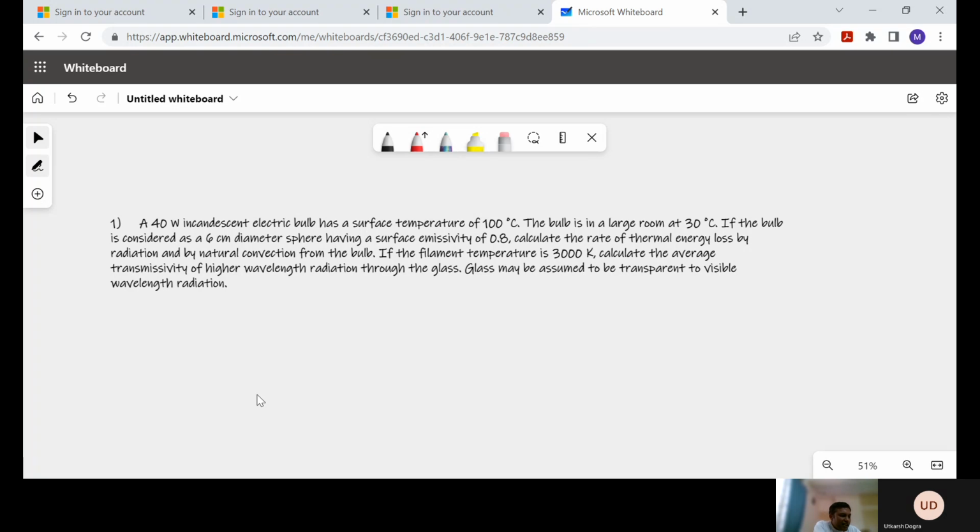See here, E lambda is given from the diffuse radiation, but not all of this E lambda will be incident on the surface, isn't it? Yes, sir. Maybe I'll scroll a little bit up so that you can appreciate what I'm trying to say.